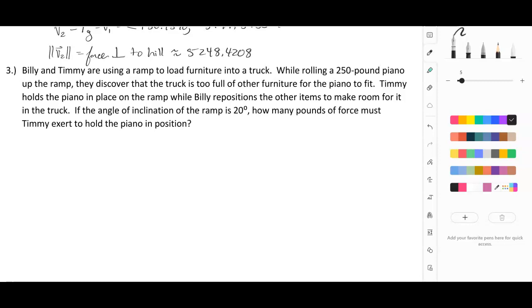So this is going to work the same way as the last one. We've got this piano that's going up this ramp, and the ramp has a 20-degree incline. So here's my piano. We want to know how much force he's going to exert. So we're still thinking about that gravitational force.